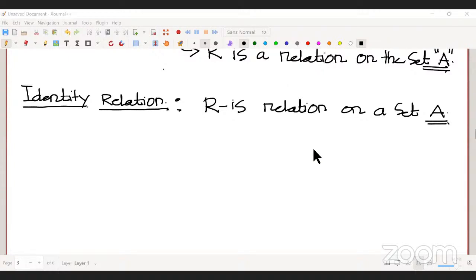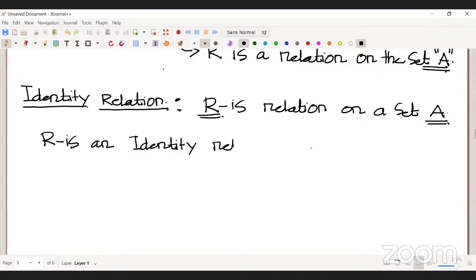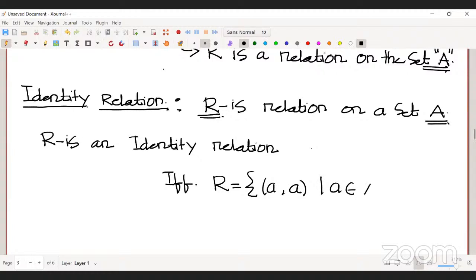Okay, so suppose R is a relation on a set A. I can say that R is an identity relation if and only if R is nothing but the set {(a, a) : a in A}.